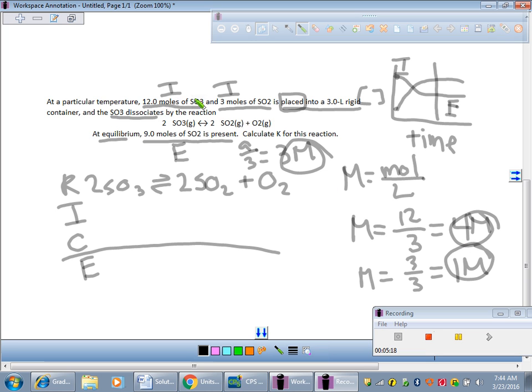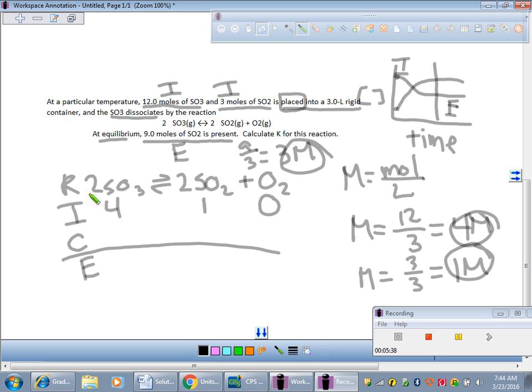So the 4 molar goes for SO3, and it's initial, so I'm going to put that here. The 1 molar goes for SO2. It is also initial, so I'll place that there. If there is not an initial concentration for a product, that means you're going to write 0. It's not there yet. It will be at equilibrium. All right, so now we're going to have our change. Remember I said we subtract from reactants, add to products.